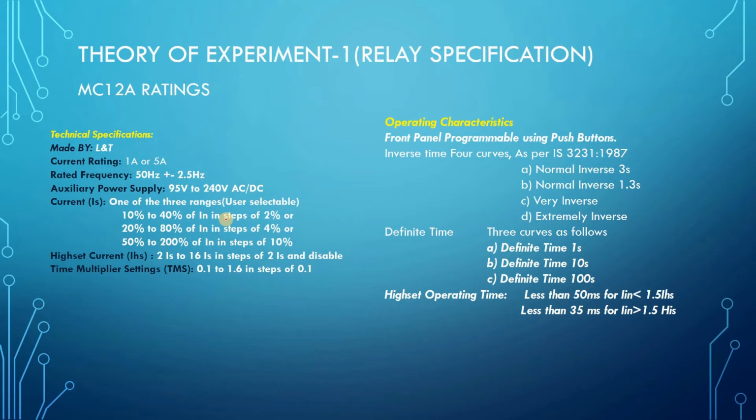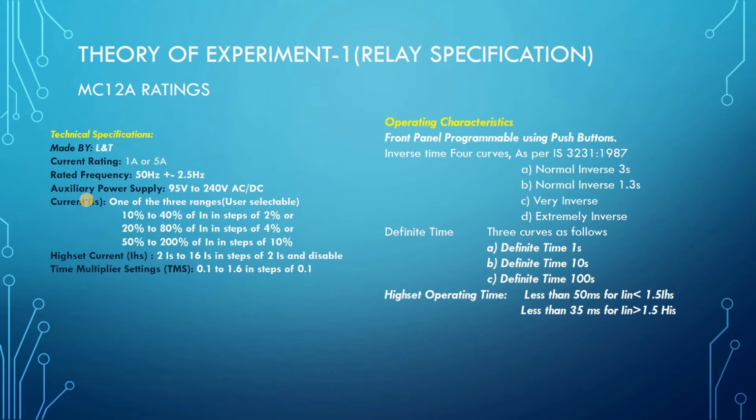But with an auxiliary power supply, it can give more features compared to an electromechanical relay. Now the current setting: earlier, for any electromechanical relay, we called it the plug setting for the pickup current. But in a numerical relay, it is the current setting, or IS.